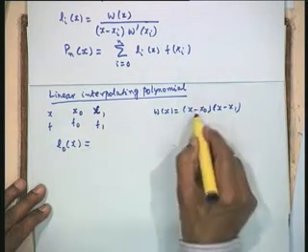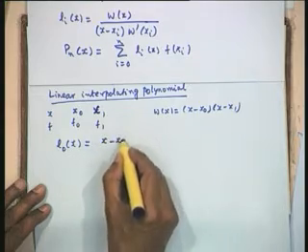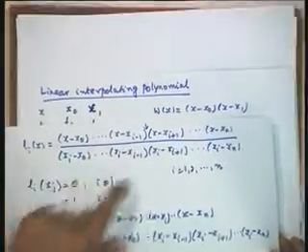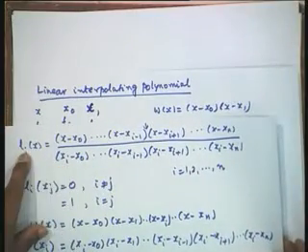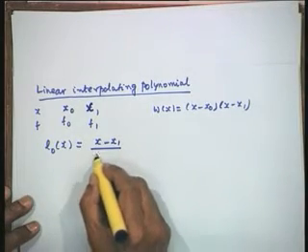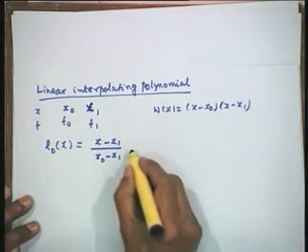So, I must skip x minus x 0, and I will have x minus x 1. And what is the denominator? The denominator is the numerator evaluated at xi, the point with this suffix. So, I will evaluate this numerator at x 0, that is x 0 minus x 1.